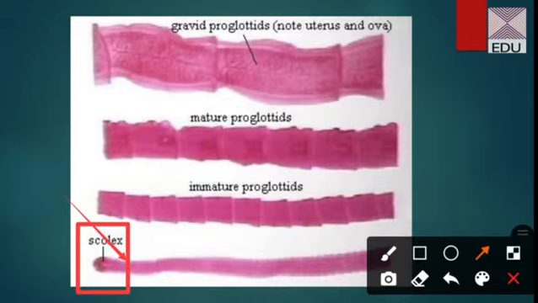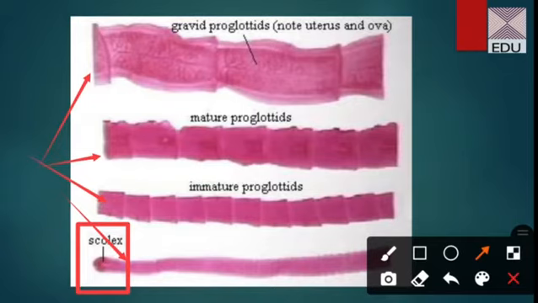Now if we take the third part after the neck, that is the strobila, it has 3 types of proglottids. So these are the 3 types.